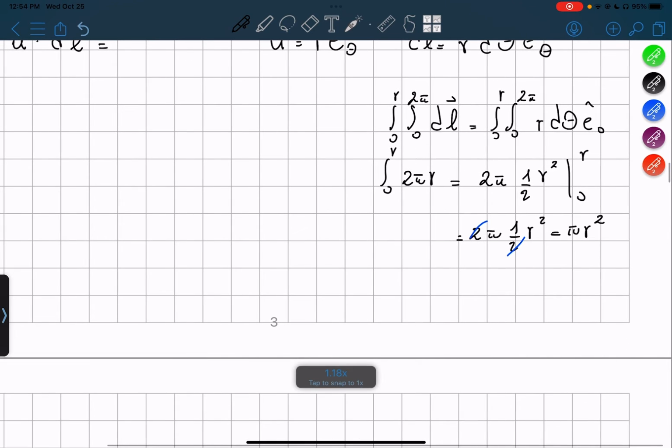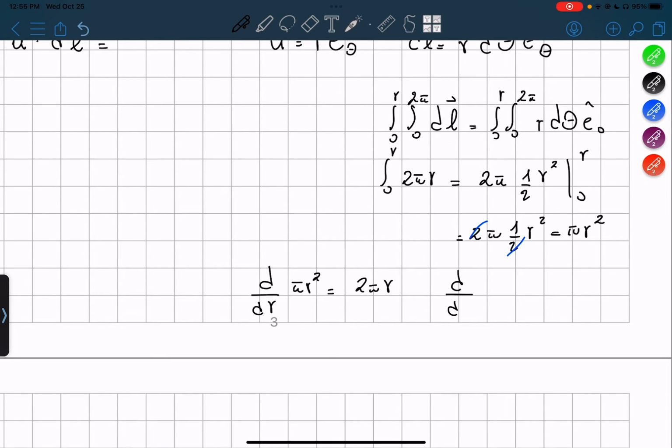Okay, well, another way you could have done it is by starting from the area of the circle, pi r squared, which is known. Derive this in terms of either r or theta, it doesn't matter which one you do first. I'm going to start with r, so we get 2 pi r, and then I would have to derive this in terms of theta.